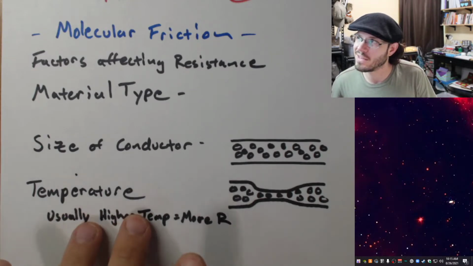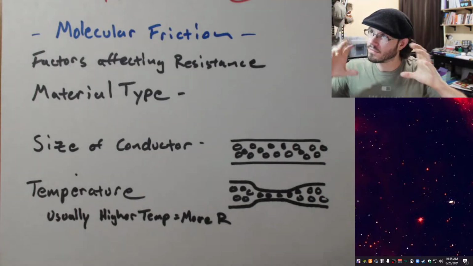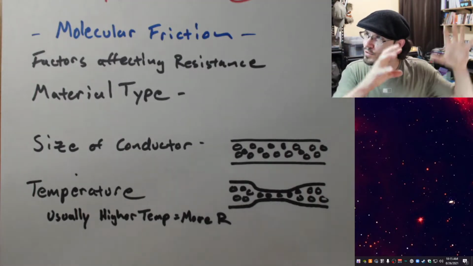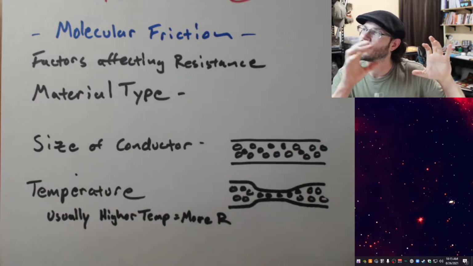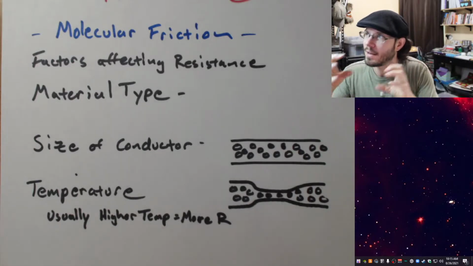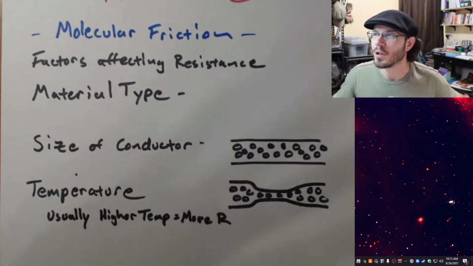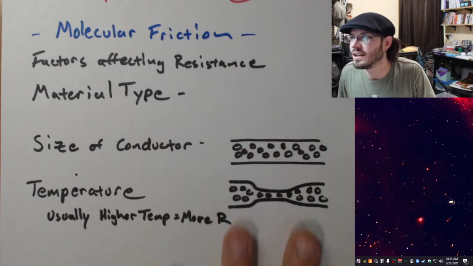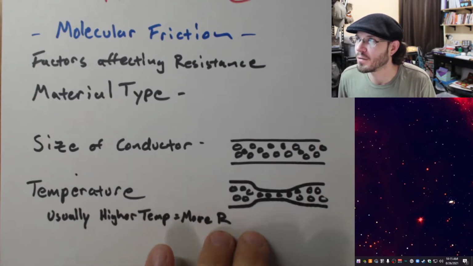However, the higher the temperature is, the more energetic those electrons are on the inside. And that actually makes it a little harder to get them to move. Okay? So usually most conductive materials, higher temperature equals more resistance.